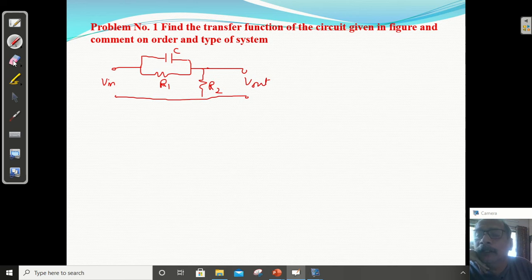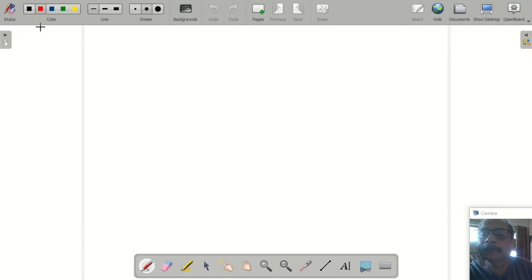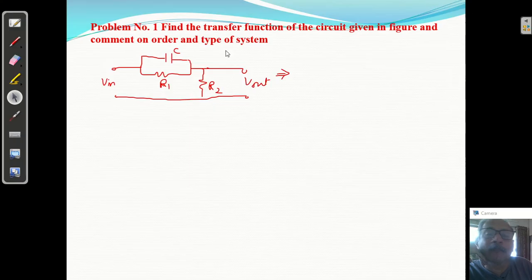Now if you are going to find the transfer function, first of all we will transform this diagram. I will draw the transform diagram.